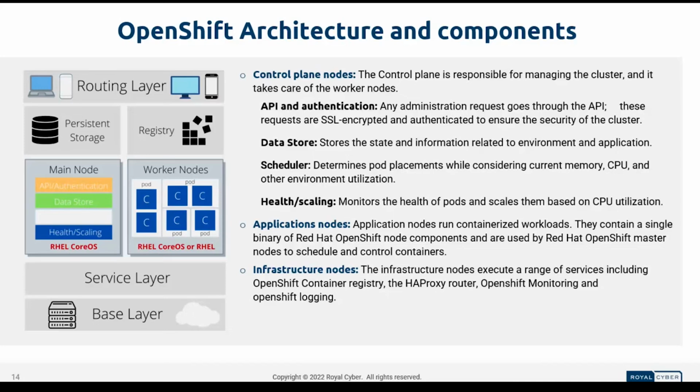Data store: OpenShift needs a data store to store all cluster information, and it uses etcd, which is a key-value store. Scheduler: the scheduler decides which nodes the pods will be provisioned on. You also have health and scaling controllers, which monitor and check the status of the pods and nodes.